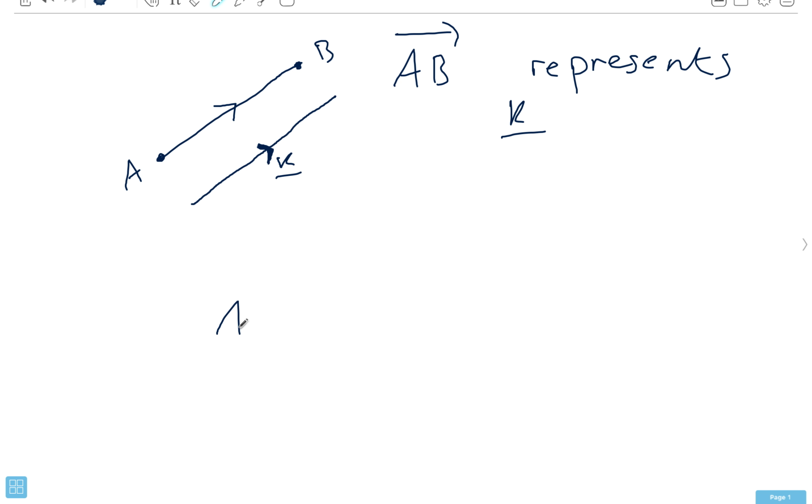Normally in textbooks you'd see AB as the bound vector and K to show that AB represents the free vector K.